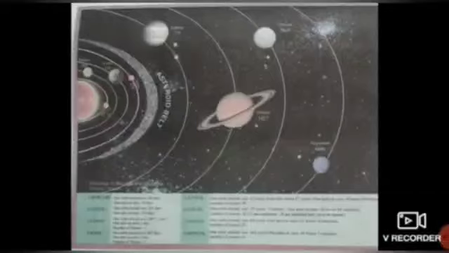Neptune is 4496 million kilometers away from the Sun. It takes 164 years to complete one revolution, and to complete a rotation it takes 16 hours 7 minutes. It has 14 moons.